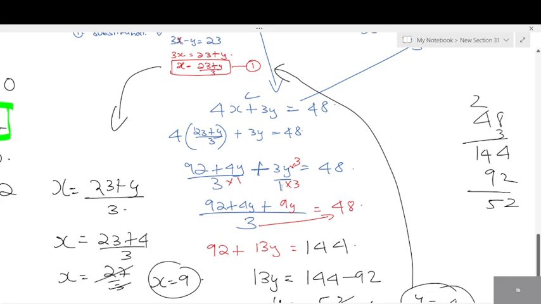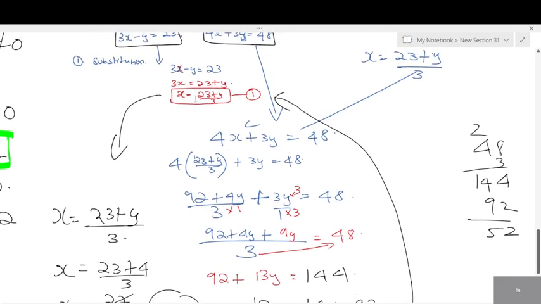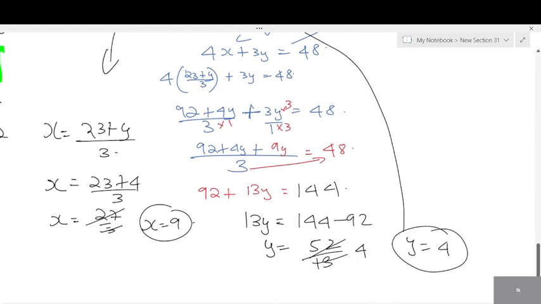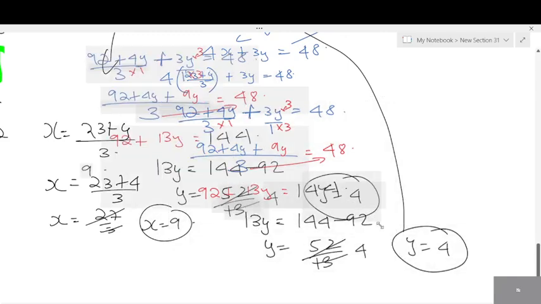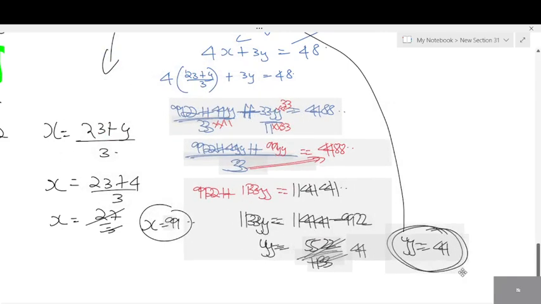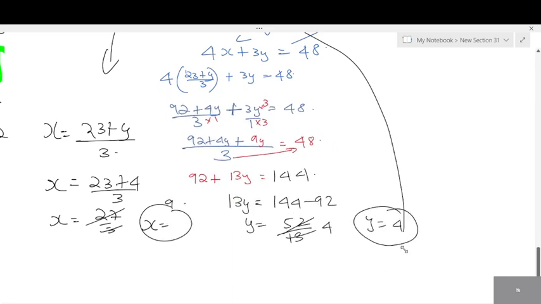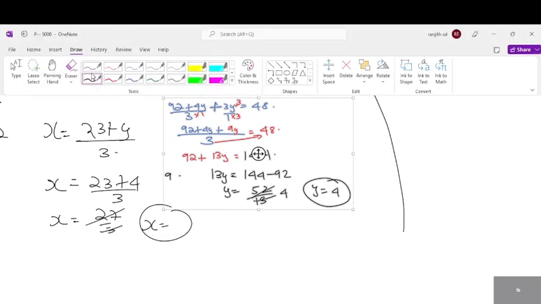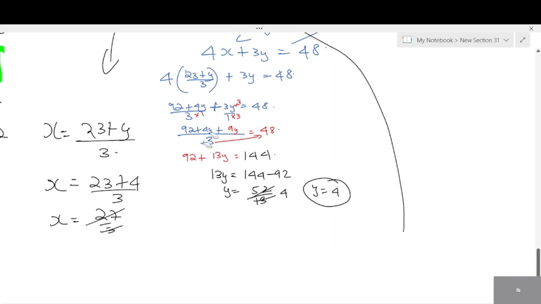So initially which value did we substitute? X or y? X. Okay, now I'll show that you can substitute even y. You can choose any one to solve.